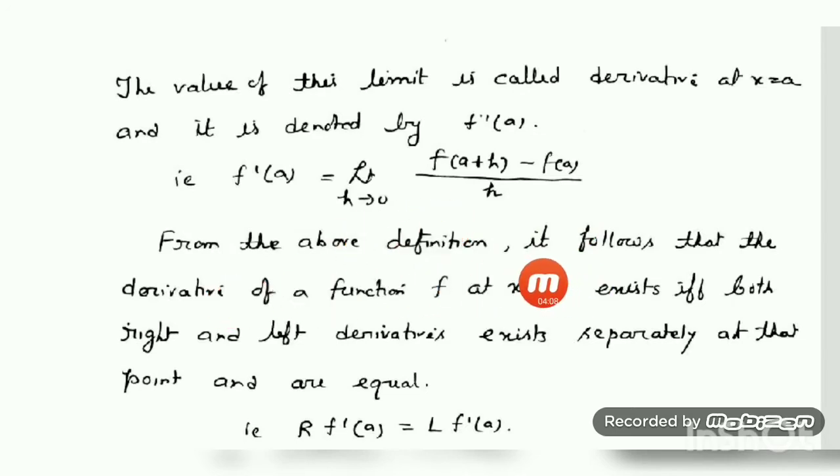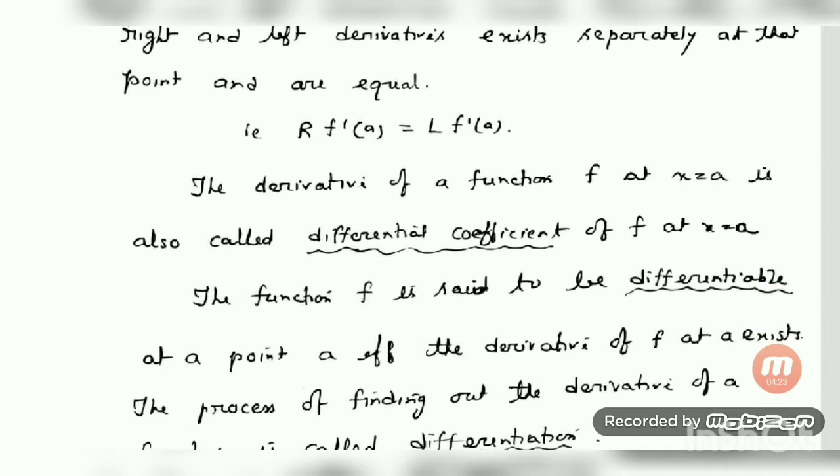From the above definition it follows that the derivative of a function at the point x equal to a exists if and only if both the left and the right hand derivatives exist separately and their values are equal, which is similar to continuity. In continuity we consider the left and right hand limits of f of x, but here, instead of f of x, you have to consider that particular limit.